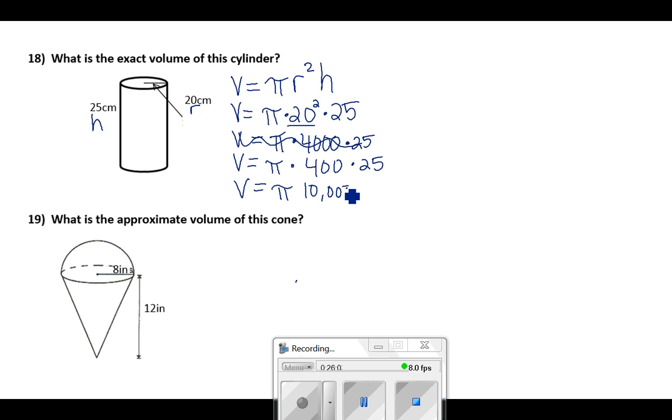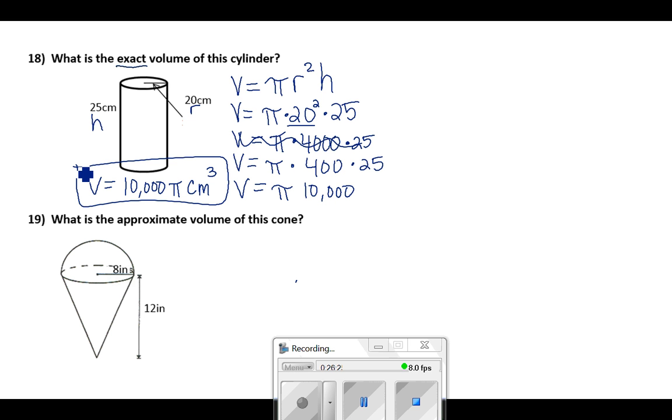And we're looking for the exact, which means we're going to have the pi in our answer, because pi is not an exact number, so we need to keep it as pi. So the volume for this cylinder is 10,000 pi centimeters cubed, because this is a three-dimensional figure.